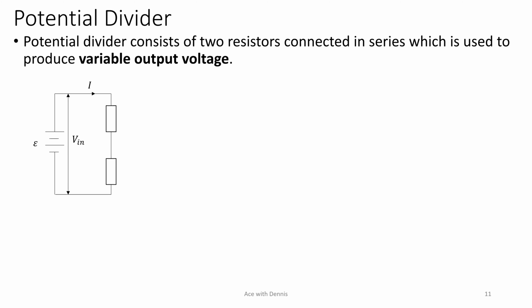This is the current flowing in the circuit, the first resistor R1 and the second resistor R2. We can measure the potential difference of R1 and the potential difference of R2.